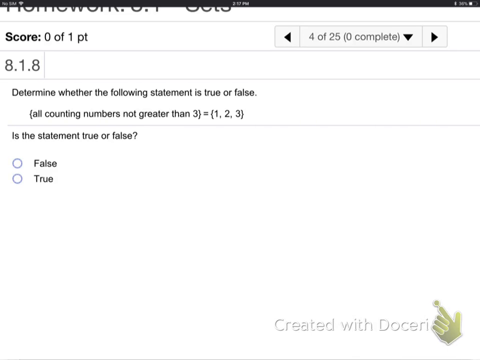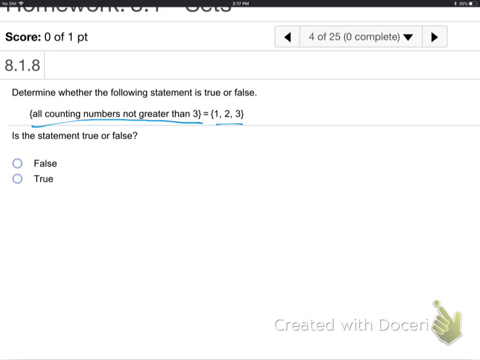Number 4, determine whether the following statement is true or false. All counting numbers not greater than 3 equals 1, 2, 3. Is that true? Is this really equal to that? You got to know what a counting number is. Now, what numbers do you count on? Where do you start counting?